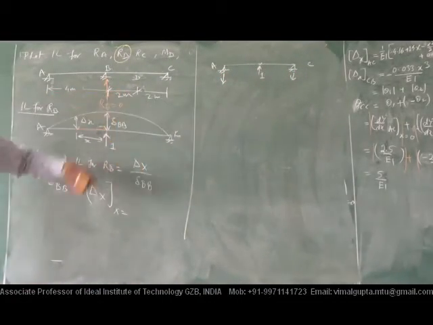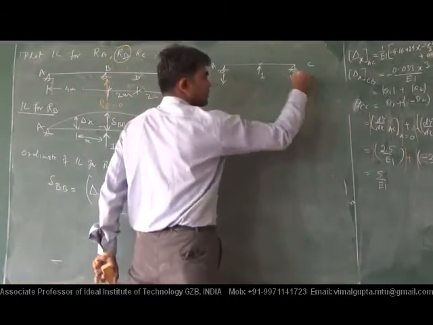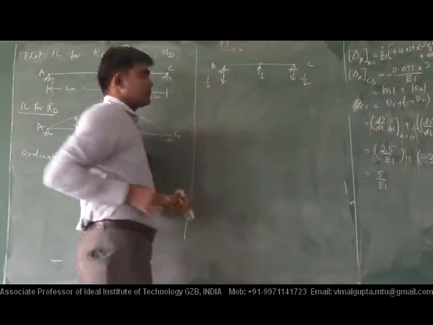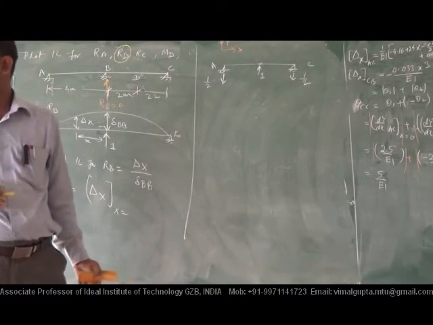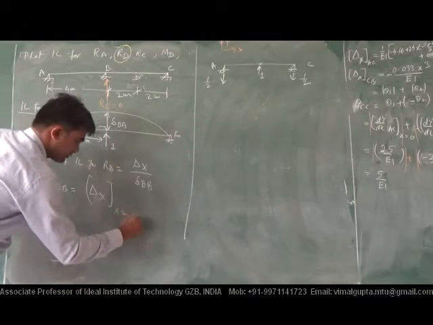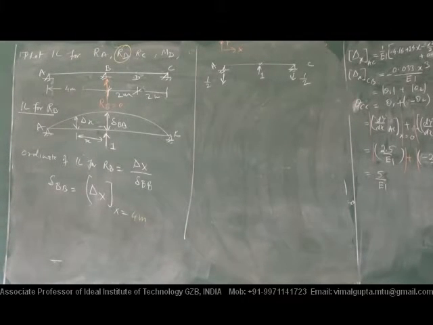Since 4, 4, half of. If the origin has been taken here, then the value of delta BB will be at x equal to 4 meter. Why should I take two origins, I take it from here. No need to make two origins.